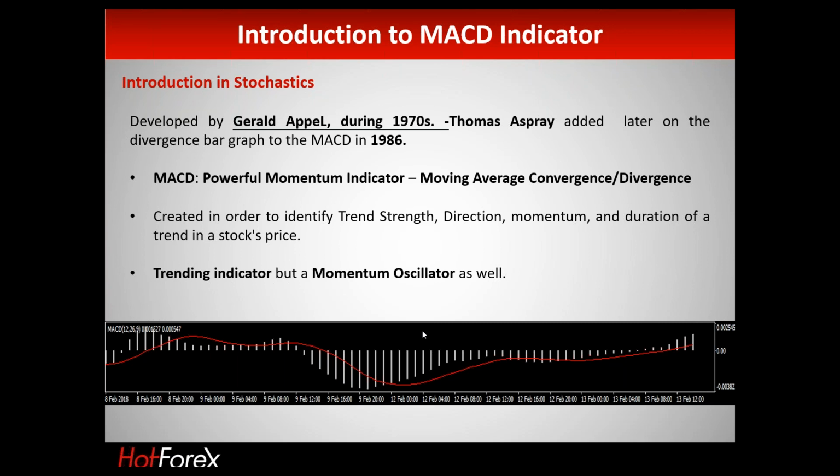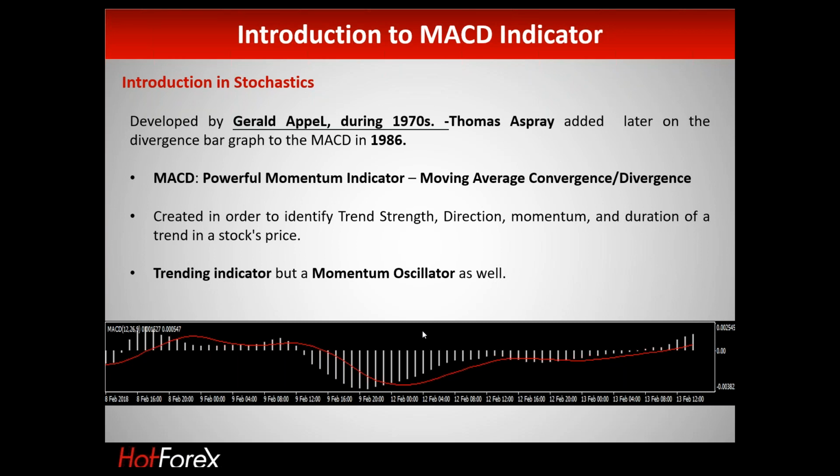Because, except for the fact that it's a momentum indicator, it is also a combination of a trend indicator and a momentum indicator. So you can identify the trend, how strong that trend is, the direction of the trend, the momentum, and also the duration of the trend in your stock price.